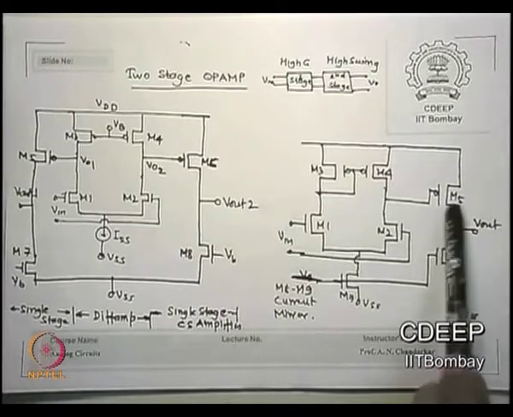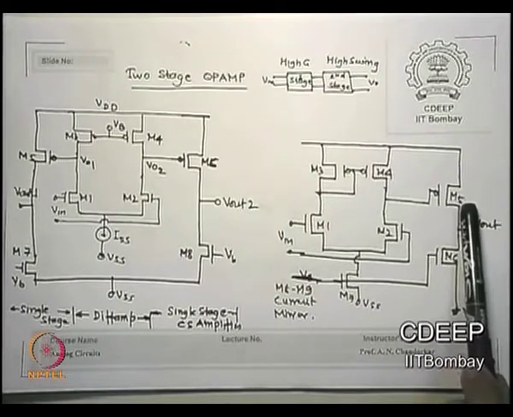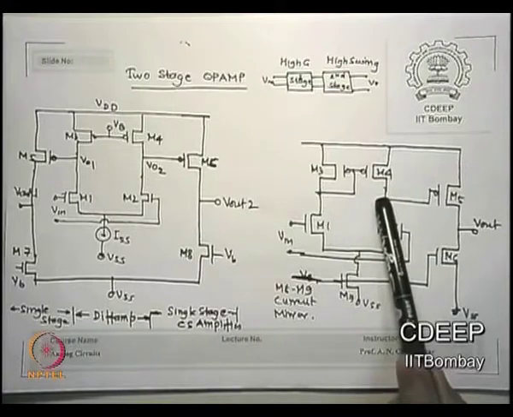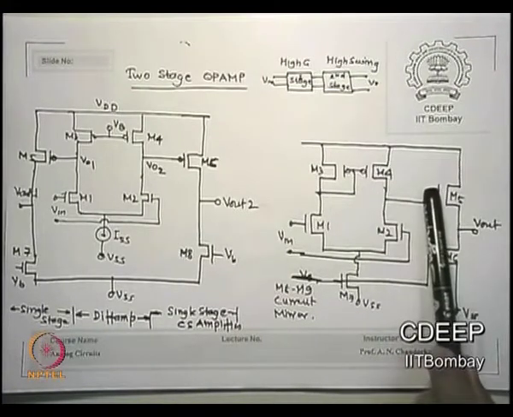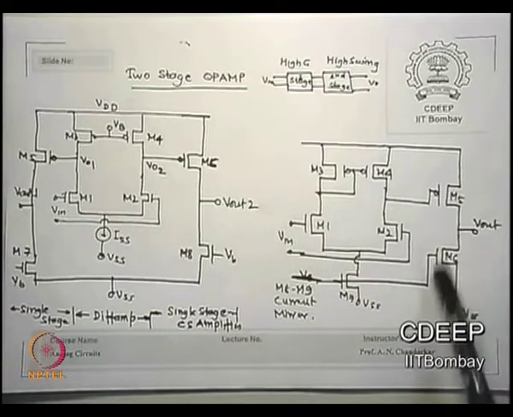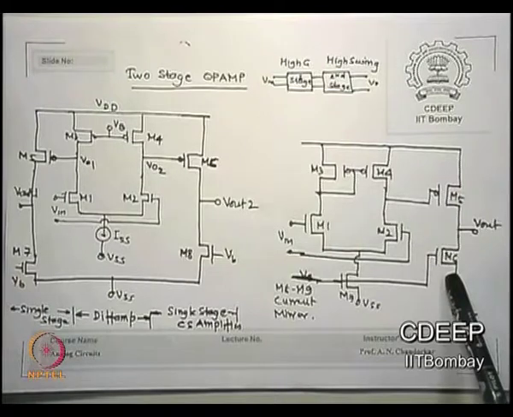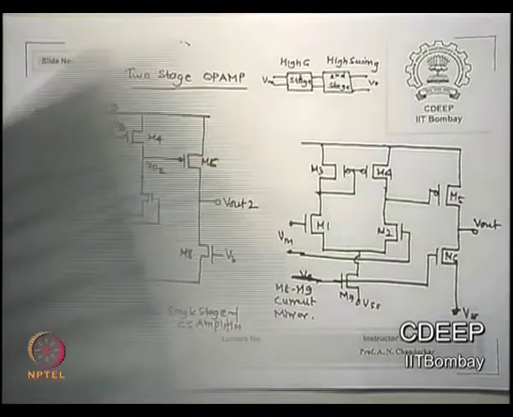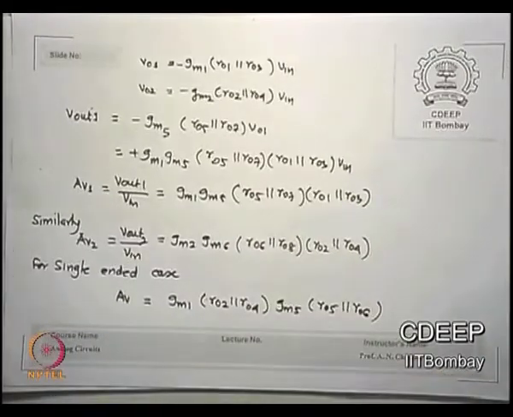Please remember again this has a P channel device which is receiving the signal. The output of the first DFAM is given as the input to the common source amplifier with P channel drivers and N channel loads, okay. So if we now calculate, here are some expressions which you do not have to think too much about, I just wrote them down without you seeing.